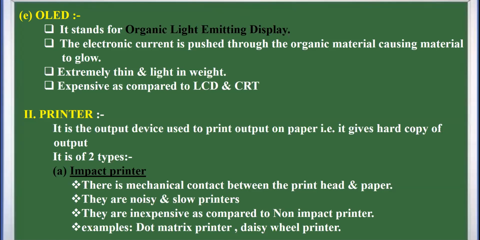That is why impact printers are called noisy printers. They are slow in speed as compared to non-impact printers. They are inexpensive, of less cost as compared to non-impact printers. And examples of impact printers are dot matrix and daisy wheel printers.